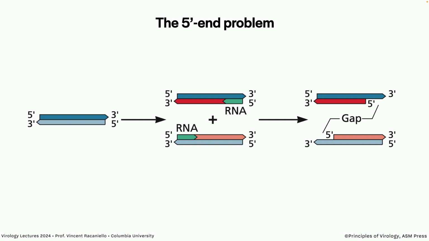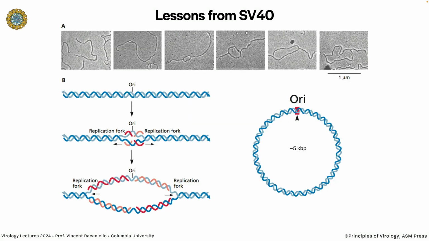And there are several ways that you can get around that. And when we go through each of these replication stories, I'll point that out. So let's start with SV40. SV40 has a circular double-stranded DNA genome about 5,000 bases in length. So it's pretty small. It has a single origin of replication.